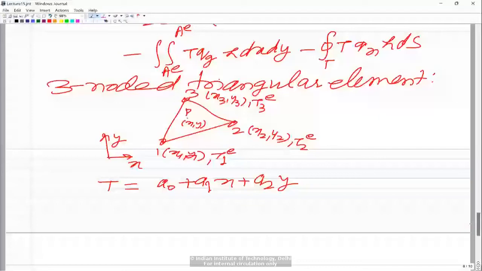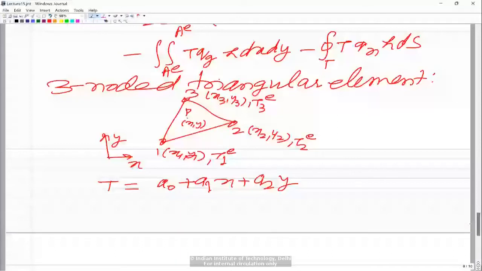And we have t1, t2, t3 as the degrees of freedom at corner nodes 1, 2, 3. So we will be able to enforce the continuity of t across the element edges through this, so it satisfies all four criteria for the approximate solution: differentiability, completeness, geometric invariance, and inter-element compatibility.